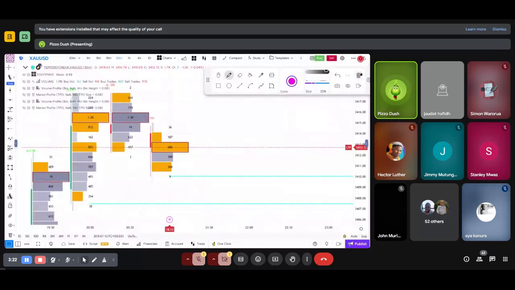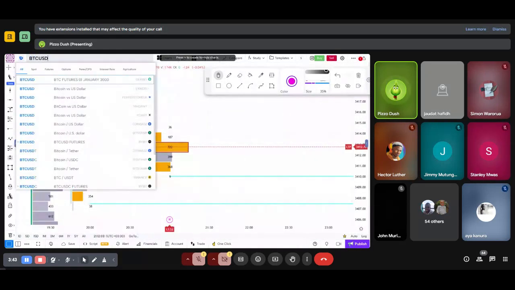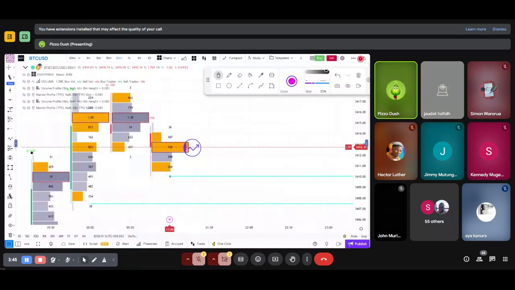So those are the two types of volume. We are not interested in tick volume, we're only interested in real volume. Real volume shows how many contracts were traded at a specific level, or how much money was put in each and every specific level. Let me turn to BTC/USD, which has a lot of volume compared to the other pairs.